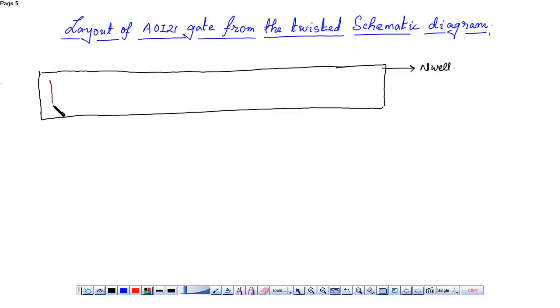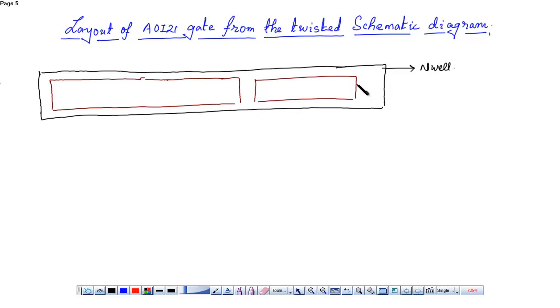We can represent the first 2 PMOS that were in parallel in one, with some reason we are placing them in one, and the third one separately. This is the P diffusion layer or the P diff layer.